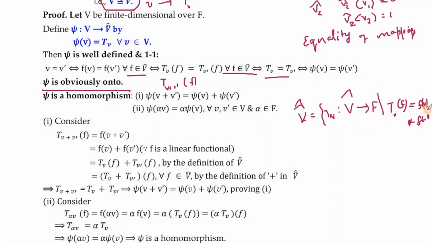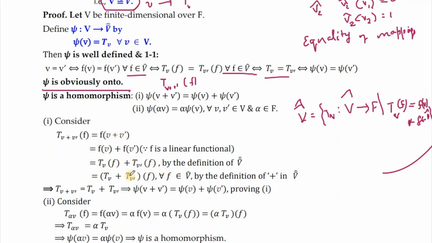So this is the definition of V double cap. So T suffix V plus V prime of F is, by this definition, F of V plus V prime. But F is a linear functional, meaning it is a homomorphism from V to the field.